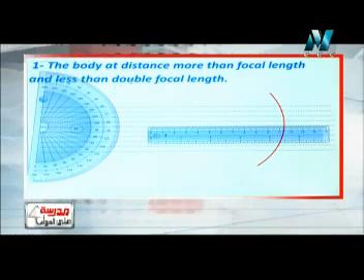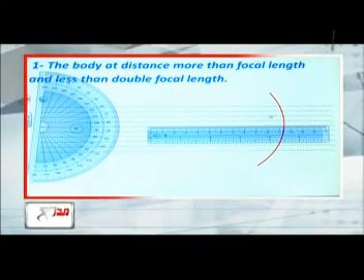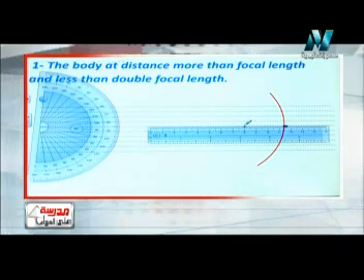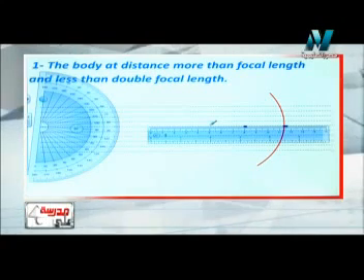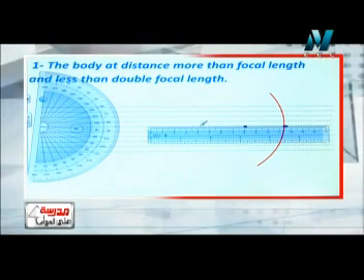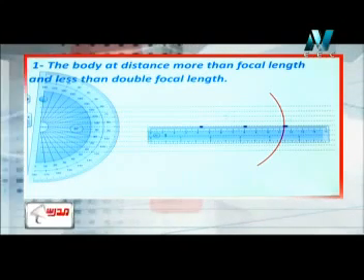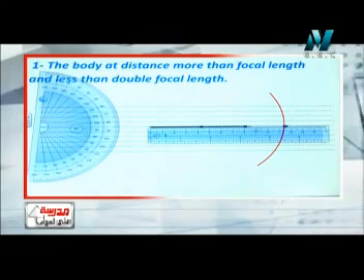So I will make equal distances from what to what. We have P here, and here we have the focus and the center of curvature, but the 3 points must be equal distances apart. And then we put the principal axis by ruler like that.